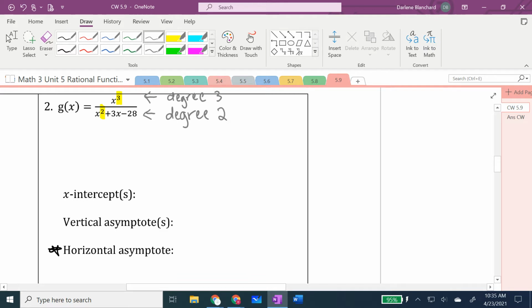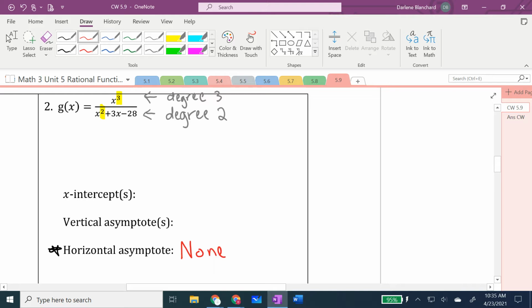So this is a situation where the numerator's degree is larger than the denominator's degree. What does that mean as the horizontal asymptote? There isn't a horizontal asymptote.